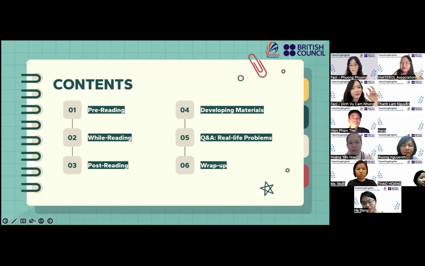Then we have a kind of bonus that I think most teachers will find useful: how to develop your own reading materials, your own tasks. And last, we are going to have a Q&A on real-life problems, and we are going to review all of the questions here in the Padlet. Okay, so first, with the first two reading activities, the pre and the while, I would like to welcome Ms.